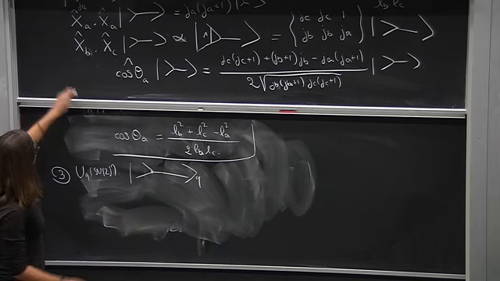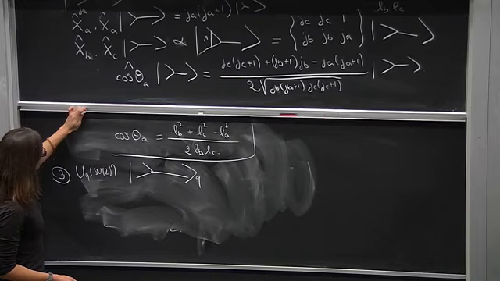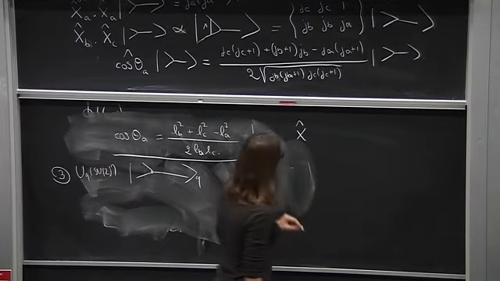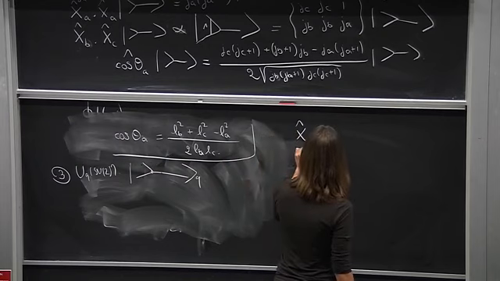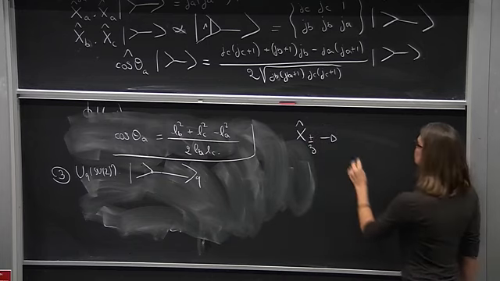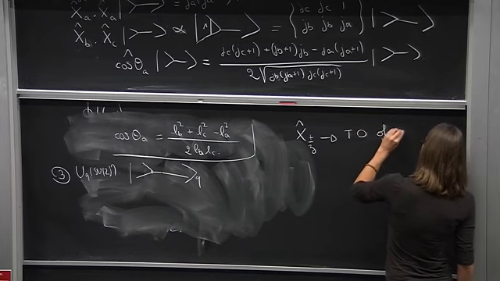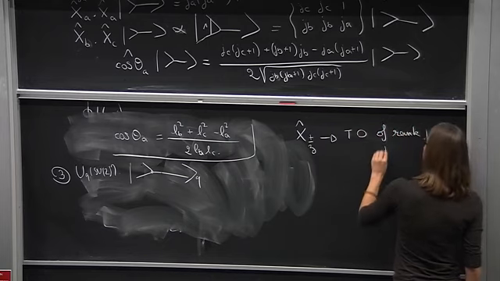So what is important in this operator is, in fact, that the SU2 generator, the components of my SU2 generator, form what I call a tensor operator of rank 1, T1.